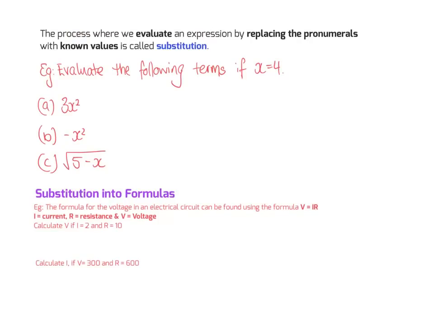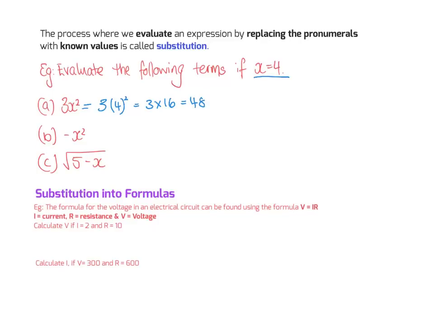The process where we evaluate an expression by replacing the pronumeral with a known value is called substitution. So here we've been told that if x equals 4, they want me to find this term. Well, that would be 3 times 4 squared. So we've got 3 times 16, which equals 48.